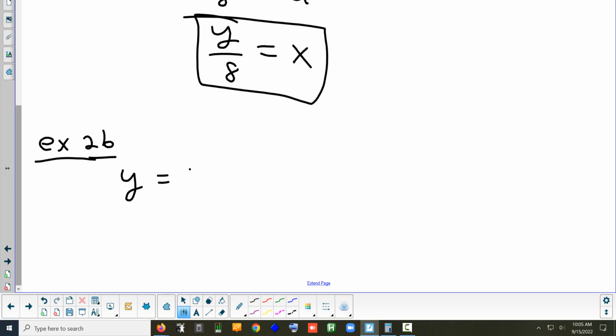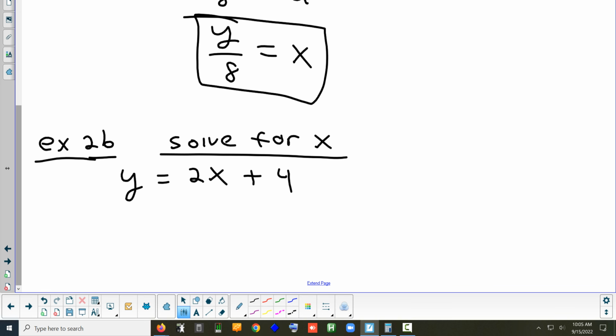Say y equals 2x plus 4. And I want to solve for x, which means get the x by itself. This time, we don't have any simplified. There's no like terms to combine.